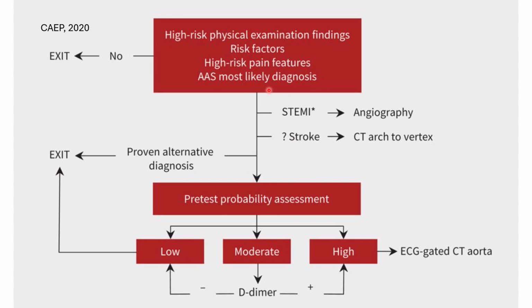I like this, as a very emergency physician. I think it's Britt Long or someone like that who wrote this as well. So emergency physicians doing guidelines for emergency physicians is good. So the pretest probability assessment, and they don't specify how to do this, but if it's low, then you just exit. If it's moderate and you take a D-dimer, then it'll become high, and if the D-dimer is negative, then low.